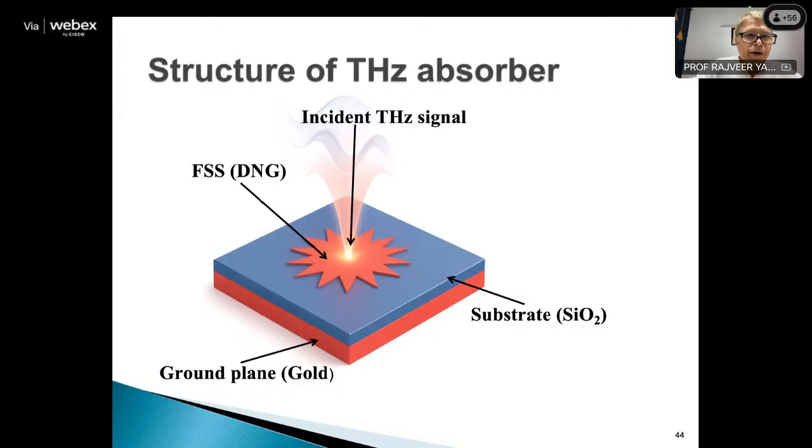The FSS, frequency selective structure, may get changed. Material also may get changed. Sometimes we may use gold, sometimes alumina, sometimes copper, sometimes silver. Similarly for the ground plane and the substrate. These are all frequency specific.